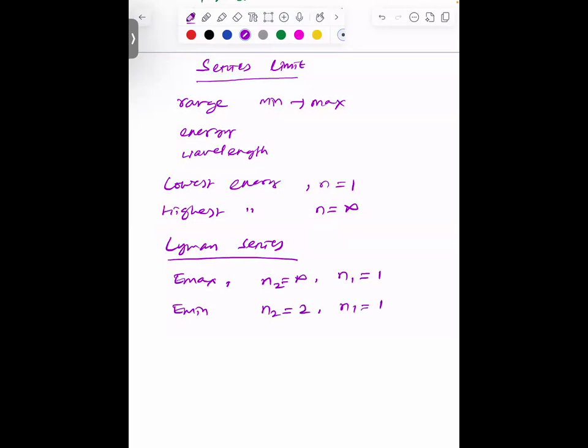So when the electron jumps from shell number infinity to shell number 1 in Lyman series, that will be associated with the highest energy. When the electron jumps from the second shell to shell number 1, that will be associated with the least energy.